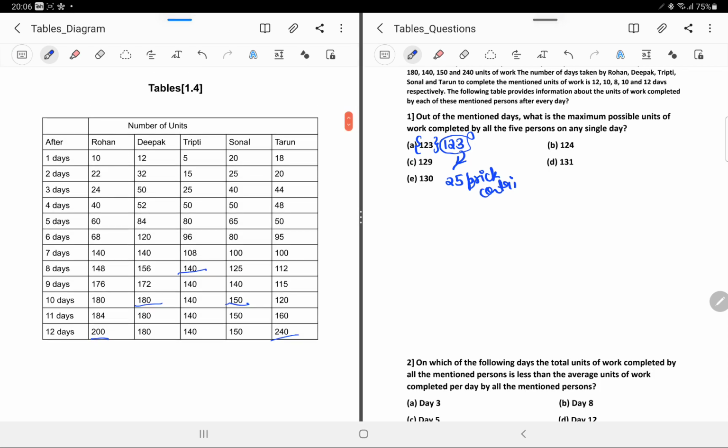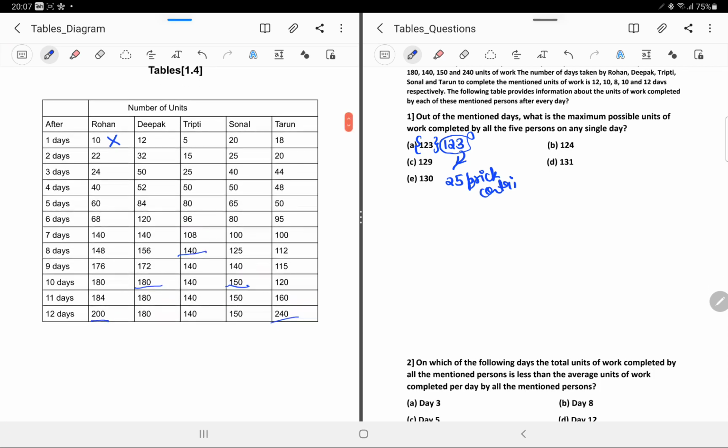Now let's come to day 1. On day 1, the values are 10, 12, 5, 20 and 18. Useless, we cannot compute for that. We obviously know it would never reach even close to 123. Now let's talk about the second day.